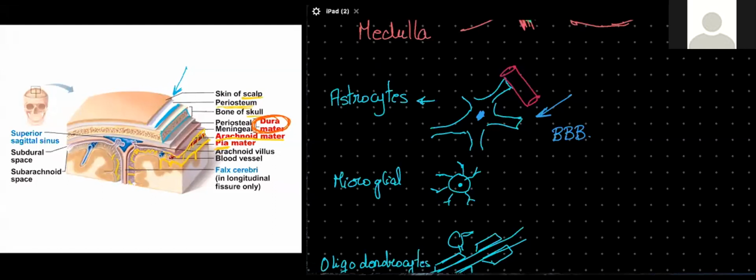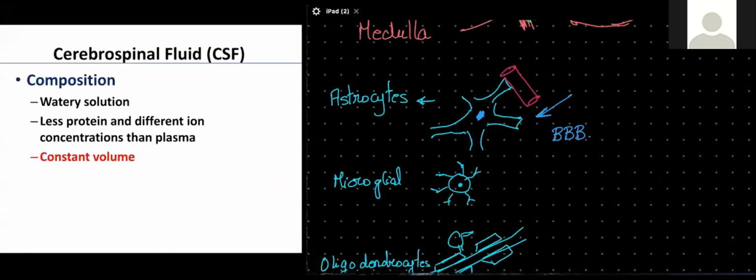Then you've got the dura mater, arachnoid mater, and adhering to the outer surface of the brain is going to be the pia mater. Cerebrospinal fluid is a watery solution that will be circulating inside the brain ventricles and around the brain and spinal cord.